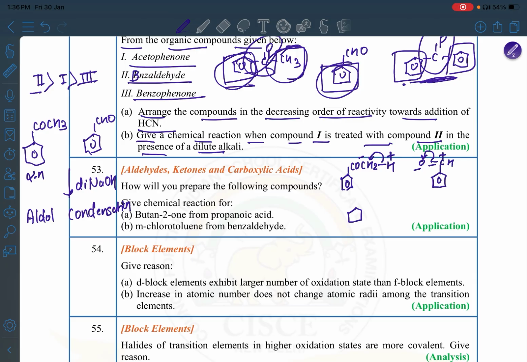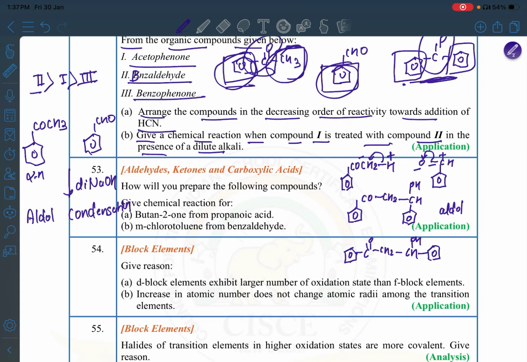So we get a benzene ring, then CO, then CH2, and this CH2 is directly attached to this CH, here the OH, and here the benzene ring. This is our aldol. We can also write it as benzene ring, CO, CH2, CH, OH, and then benzene ring.